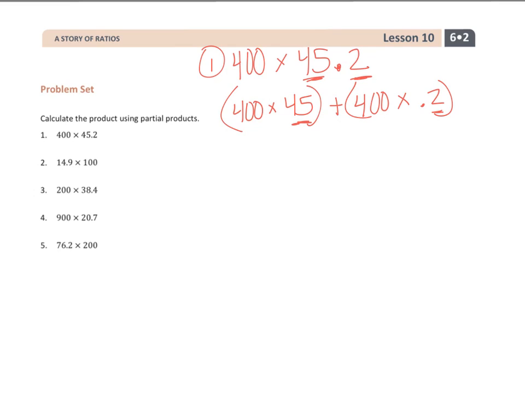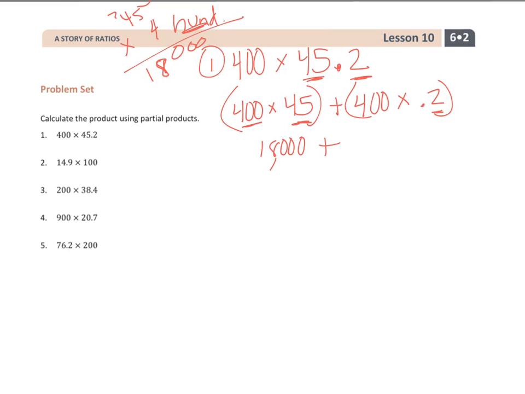The easiest way for me to do this is not to show 400 times 45, it's to show 400, so unit form, times 45. And I know it's 180 hundreds. Hundreds means 2 zeros with it, so I'll get 18,000.